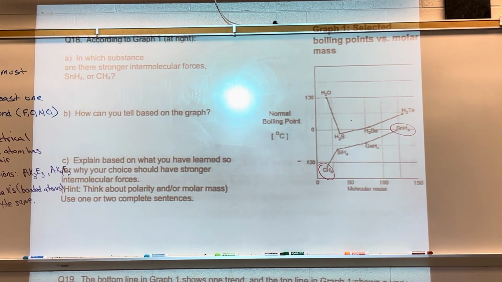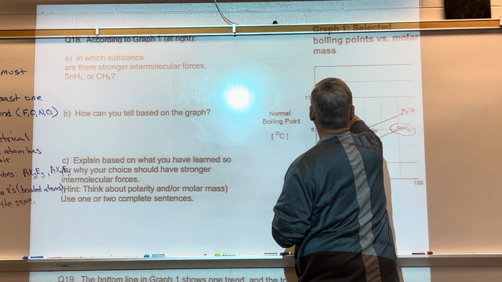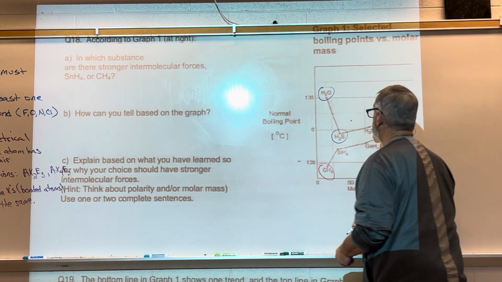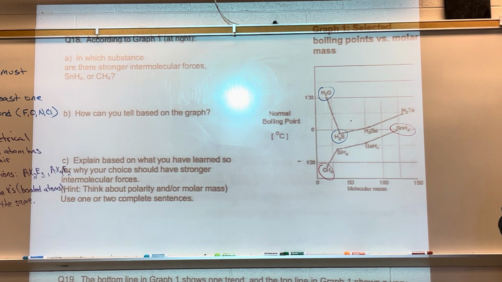So, the bottom line, which has the stronger intermolecular forces? H2O or H2S? H2O. Why? How can we tell from the graph? Higher boiling point. Higher boiling point's always going to be your tell. Is it polarity or mass? Which one's heavier?